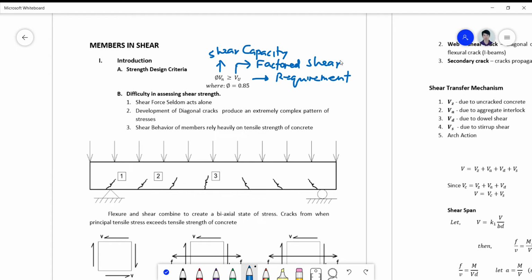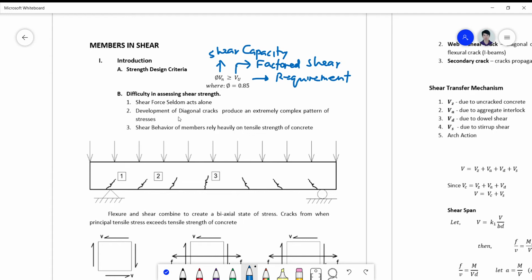But later on, you will notice that by simply understanding the behavior, we can actually formulate an equation so as to handle your shear capacity determination well, and come up with a satisfactory design in terms of safety. So these are now the reasons why shear is very difficult to assess.